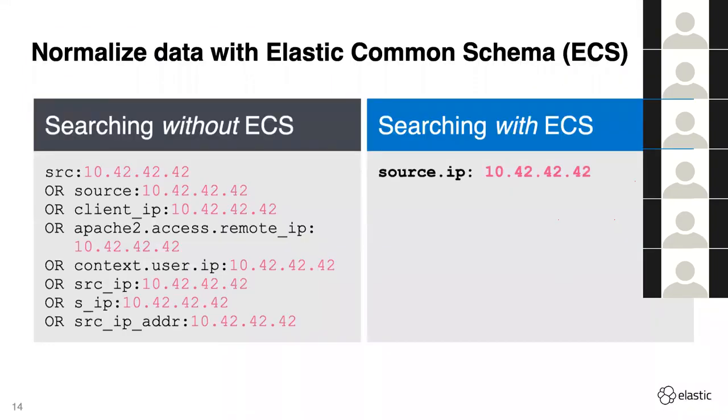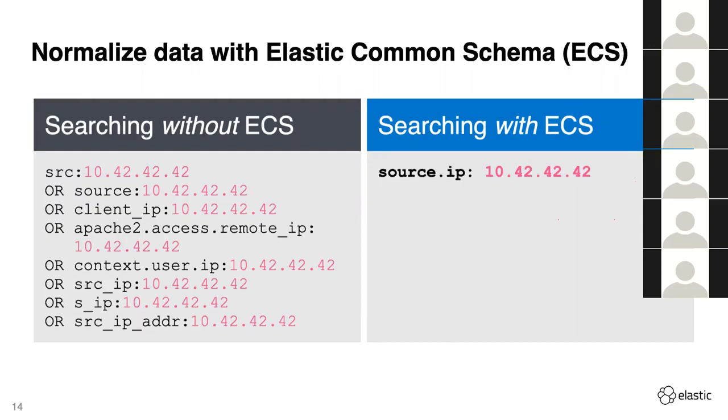Imagine, guys, we have different network devices in our infrastructure, and these devices come from different providers. The same information, like the source IP address, 10.42, has different field names, as we can see: SRC, source, client IP.